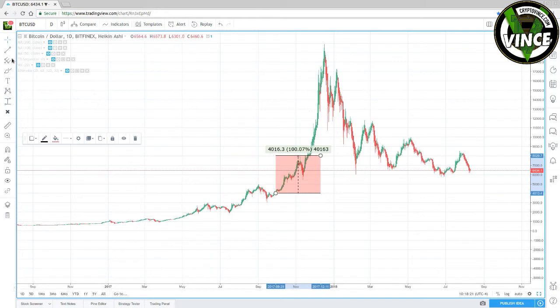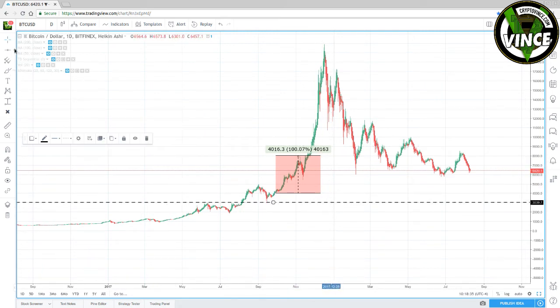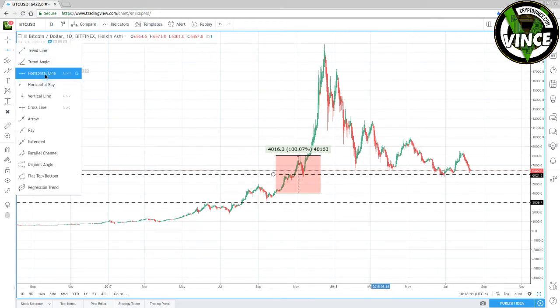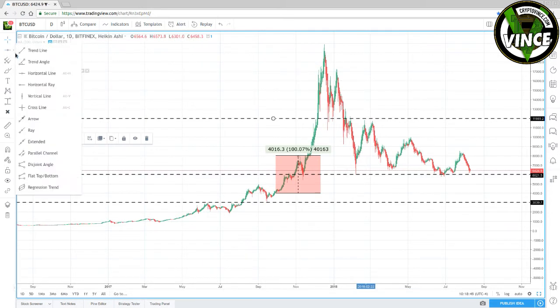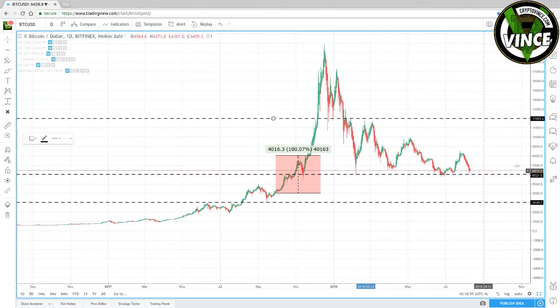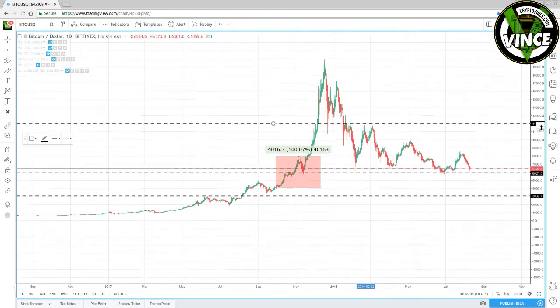Actually, you know what, I'm going to trace some horizontal lines to make it even easier to understand. I'm going to take 3k, then I'm going to double it, then I do 6k, then I will double it, we'll go to 12k, and if I double 12k, I will go to 24k, right?